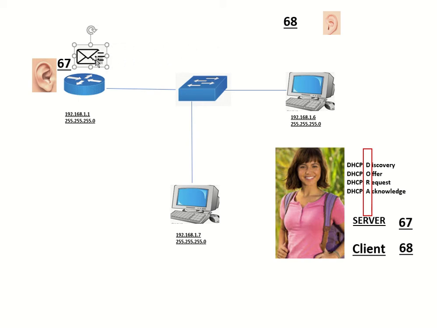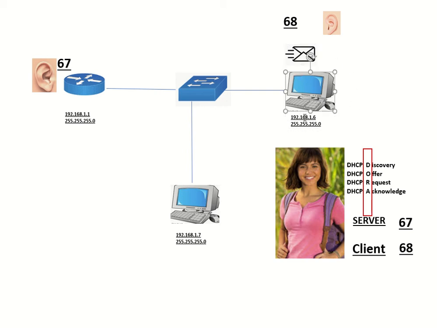And when it gets to the DHCP server, the DHCP server will give out that IP address to the DHCP client, and that is what we call the DHCP acknowledge message. So simply, the DHCP acknowledge message tells your DHCP client that it will have that IP address.